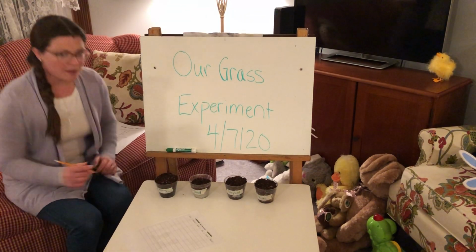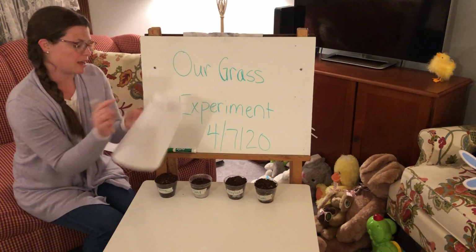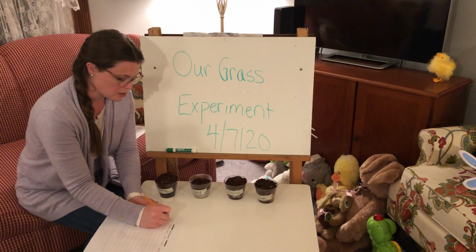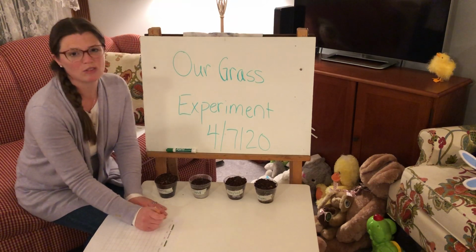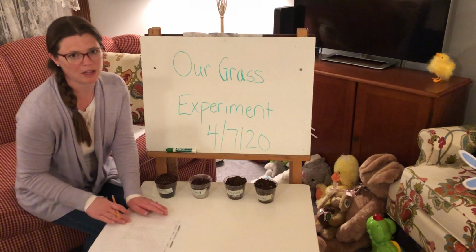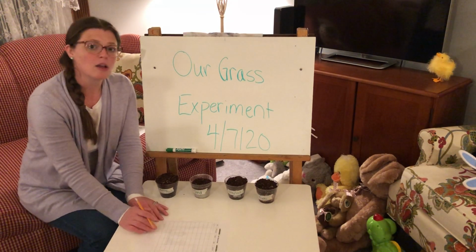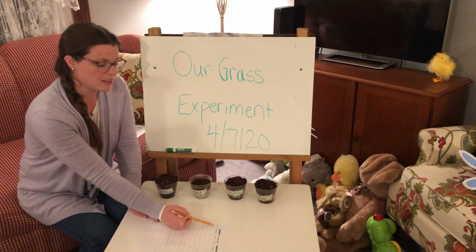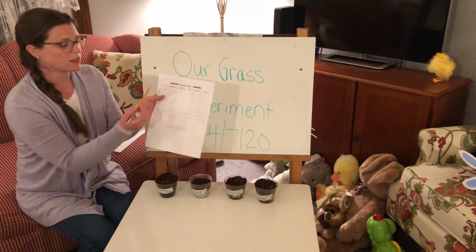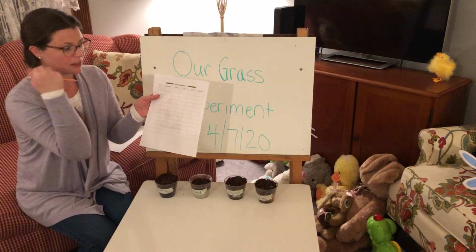In the date column, in that first box, write the date. 4/7. You don't need to write 20 because we will not be observing next year. So we don't need to write the year, but we should write the month and the date. So 4/7. You don't need to write anything else in there.